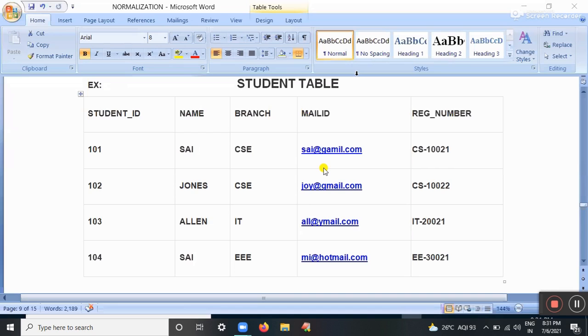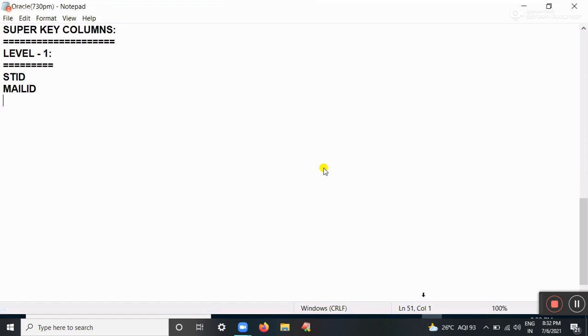Yes or no? Yes. So that means registration number is also called one super key column.